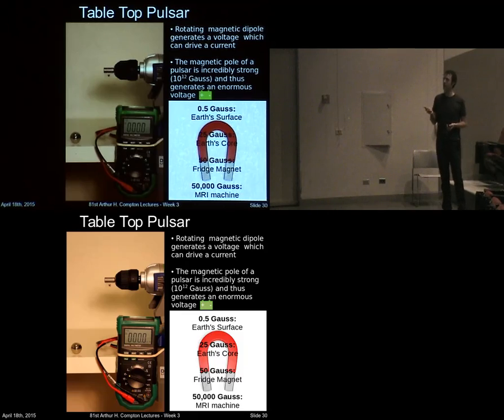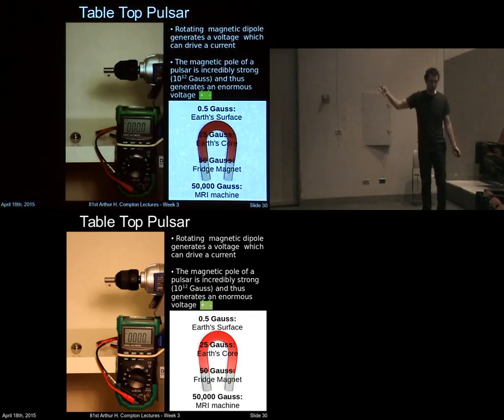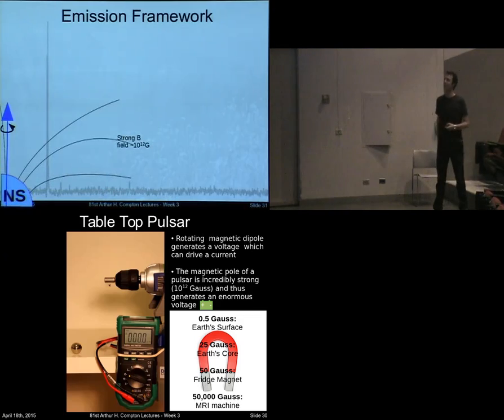Your fridge magnet is about 50 Gauss, and if you have to go get an MRI, you're going to sit in 50,000 Gauss. But this is nothing compared to 12 zeros at the end. This is probably one of the slides I should have shown in the first week, but I forgot.